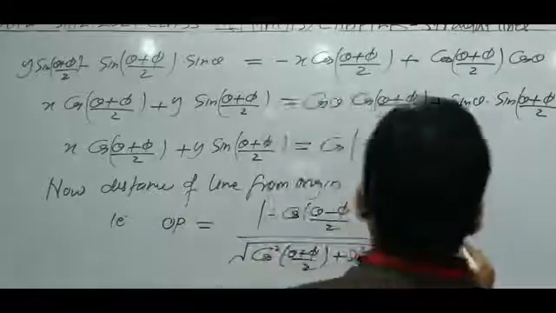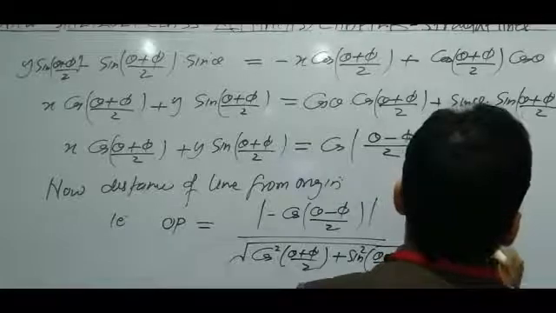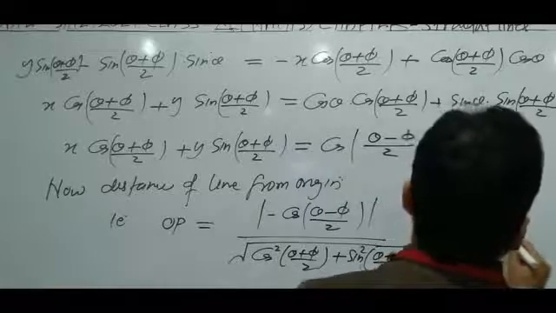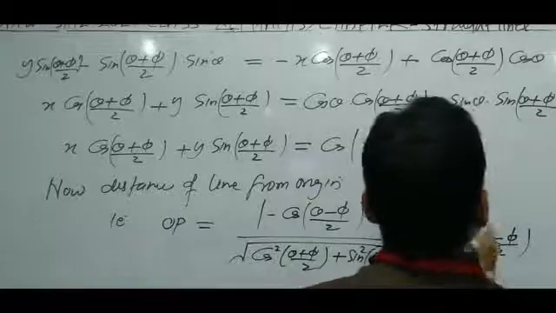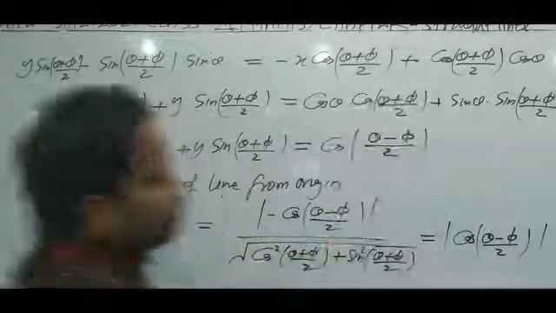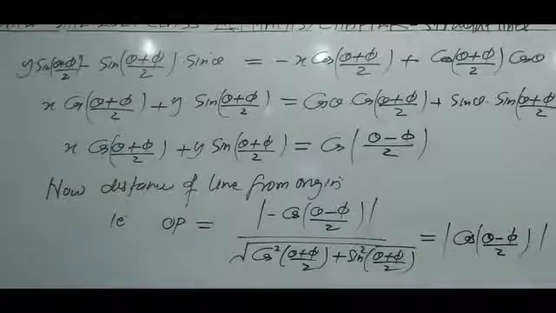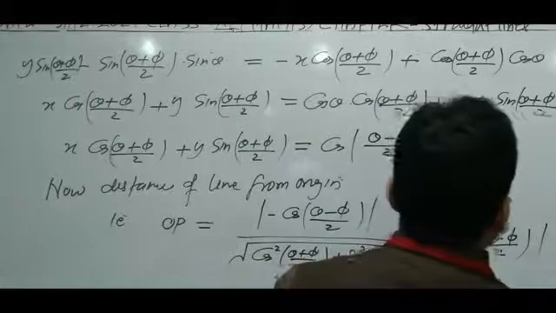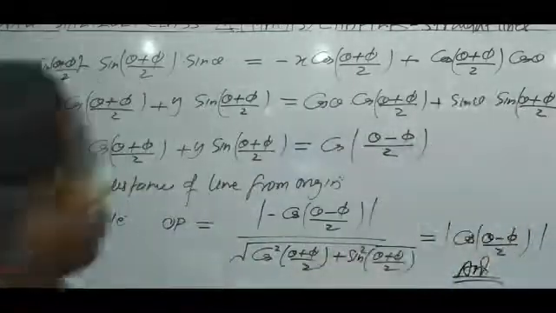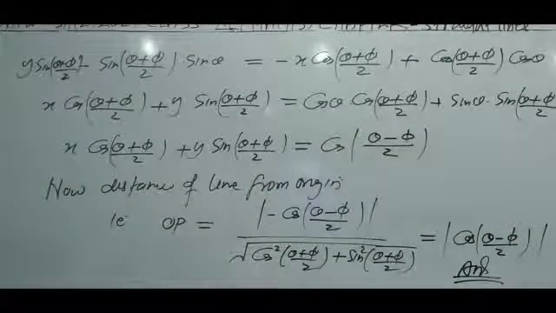Now this result we can write as cos of (theta minus phi by 2), in mod. This is the result. Now this question is completed.